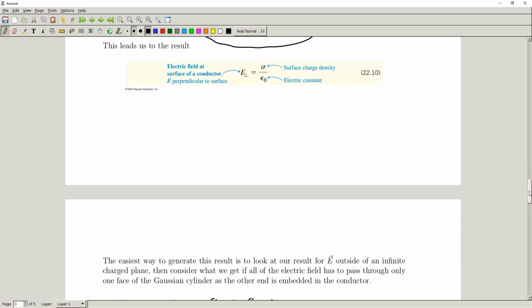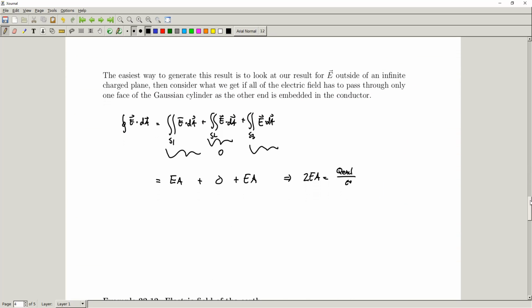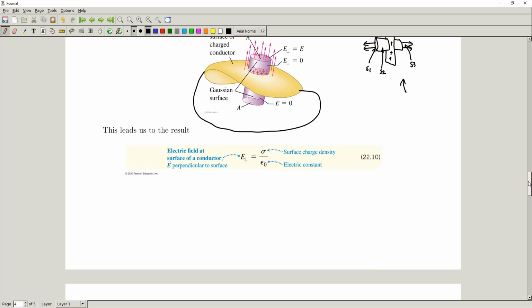So let's say in this case we labeled this one surface 3, and we call this curved surface here surface 2 as we did before, and this was surface 1.